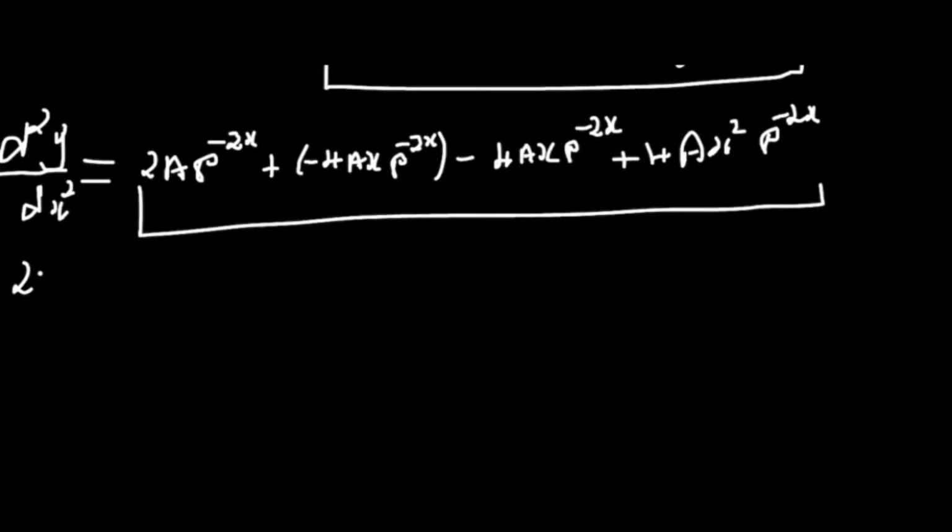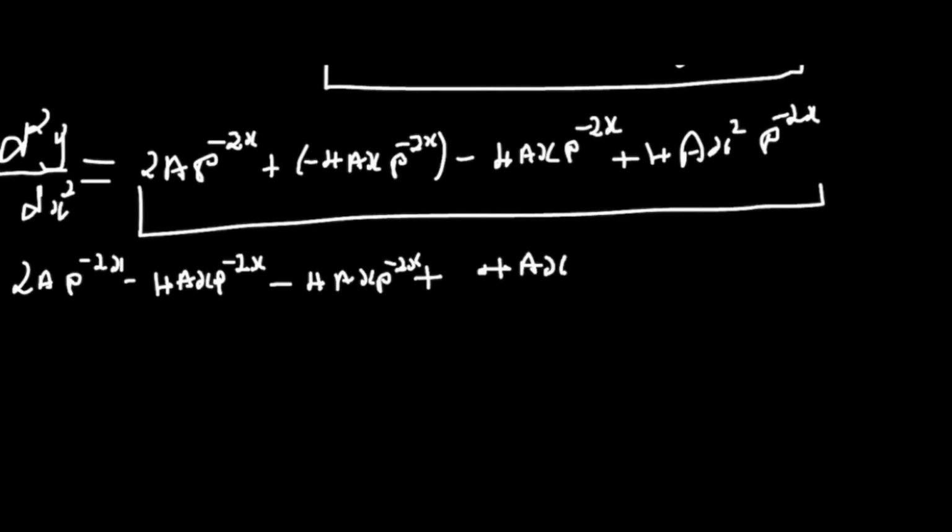We're going to have 2a e to the minus 2x plus minus 4ax e to the minus 2x minus 4ax e to the minus 2x plus 4ax squared e to the minus 2x.